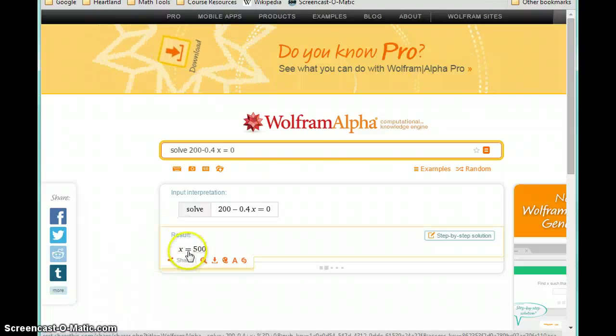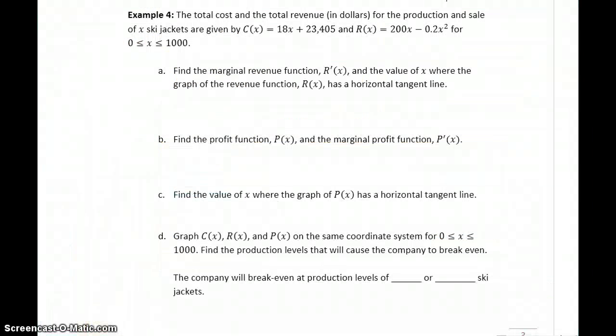So in this case, it would be at a value of x equals 500. So our revenue function will have a horizontal tangent line at x equals 500.